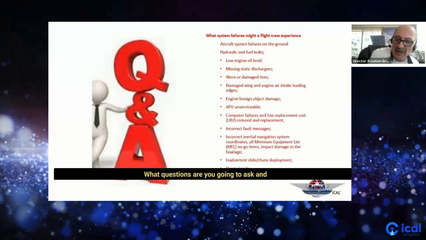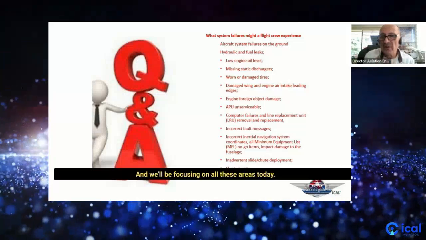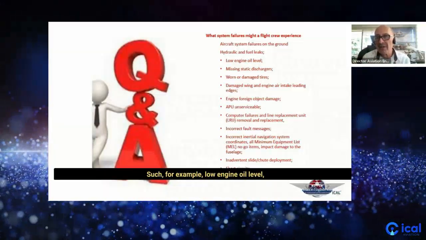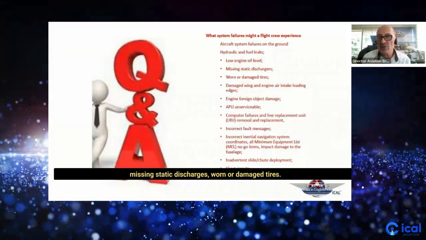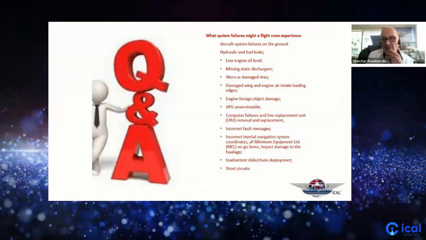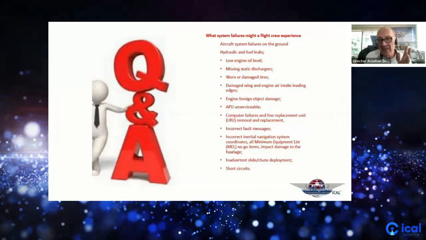What questions are you going to ask and what advice are you going to give? And we'll be focusing on all these areas today, such, for example, low engine oil level, missing static discharges, worn or damaged tires. The list is here. So there's a lot of problems we can actually focus on here.